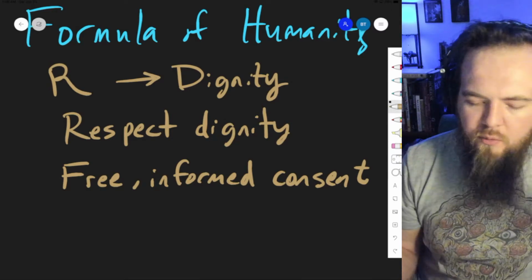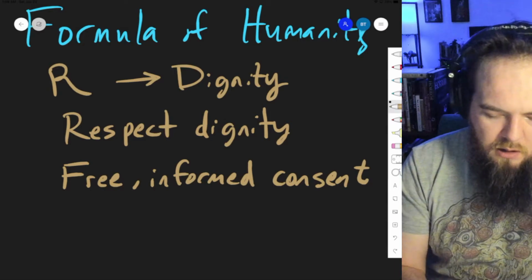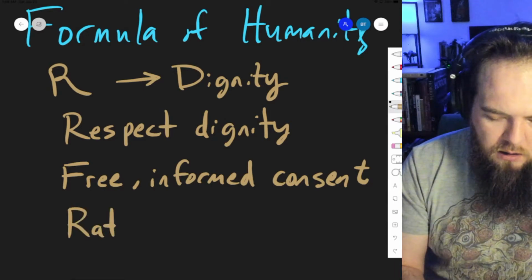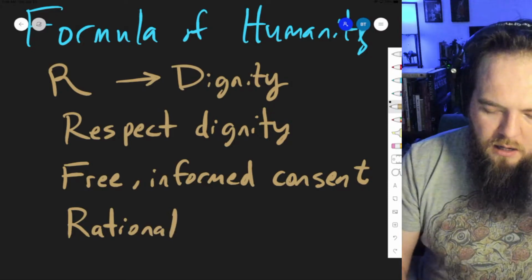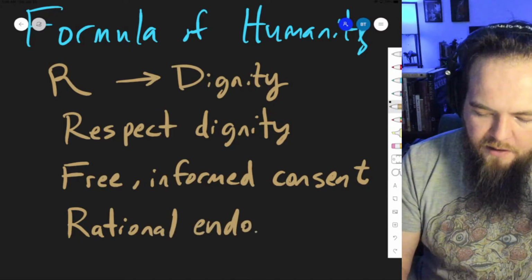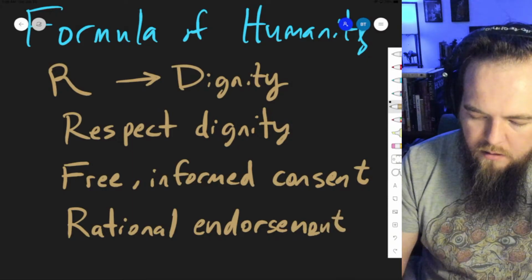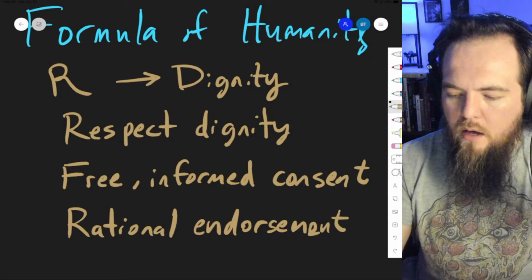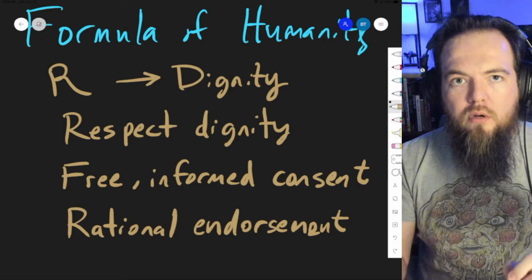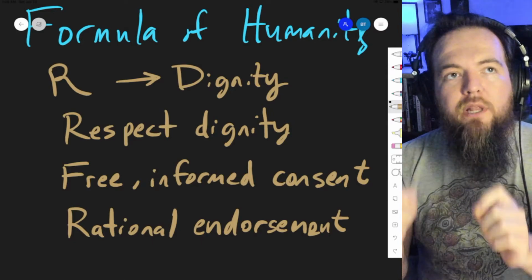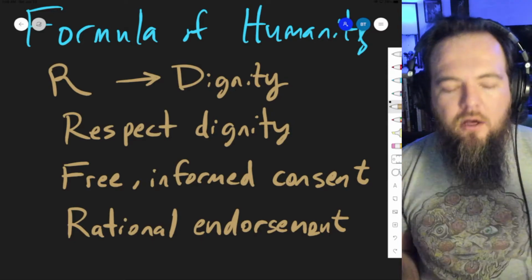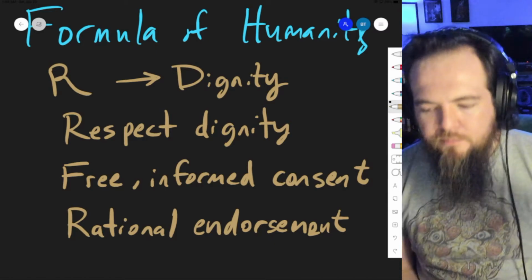Okay, so how does this work in the real world? Well, I would basically say that there's something like a rational endorsement of you being willing to be treated the way that you're treating other people. Okay?